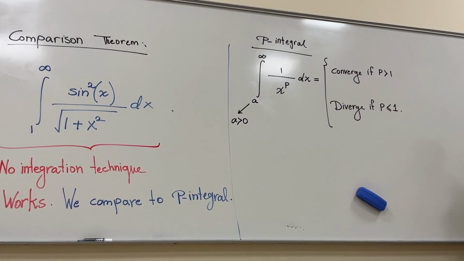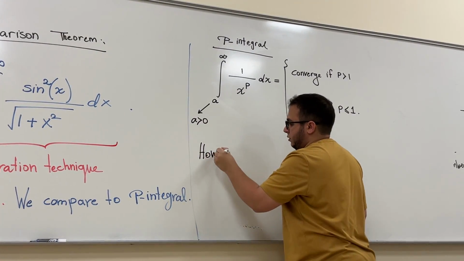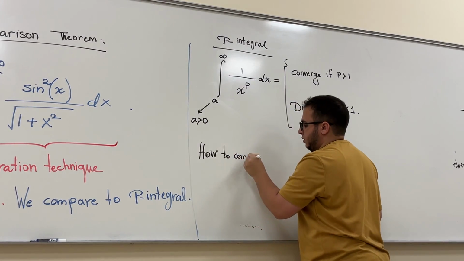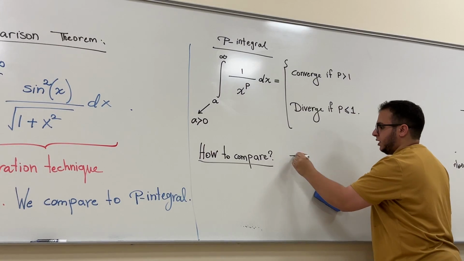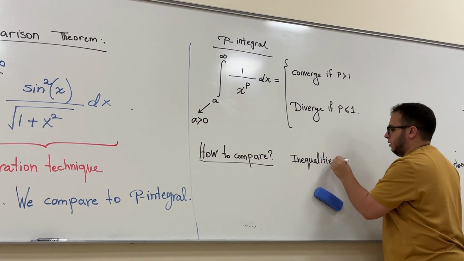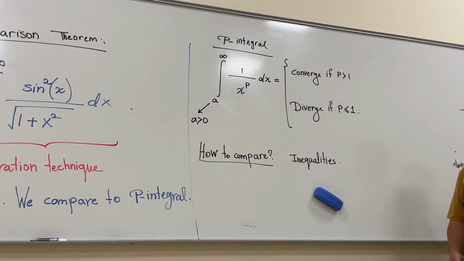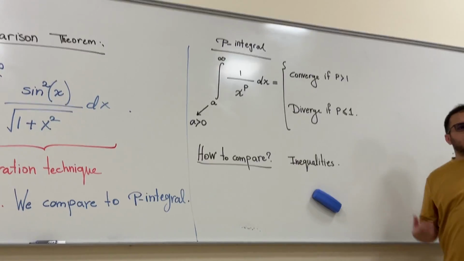So how do we compare? I want to use basically inequalities. It's like the squeeze theorem in a way. In Calculus 1, what did we do in the squeeze theorem, for example?